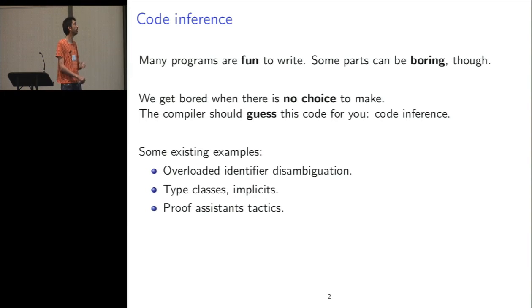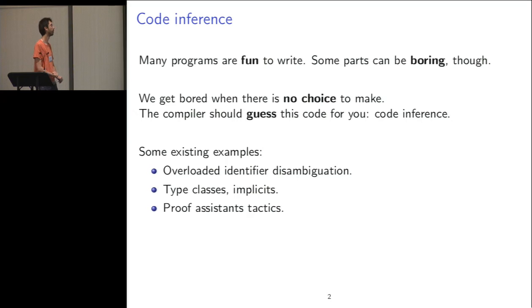Another more general idea are type classes or even implicits. And if you look at proof-assistant tactics, the ones with a lot of automation, when you say, okay, guess the proof for me, it should be easy. Of course, the automation could make many choices for you, but you don't care which. You only want a proof.